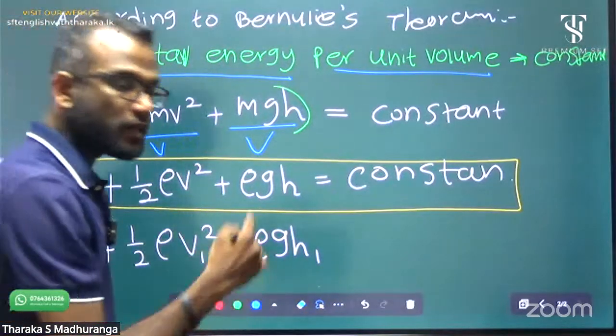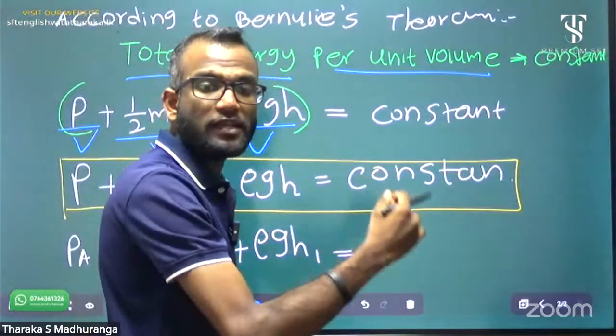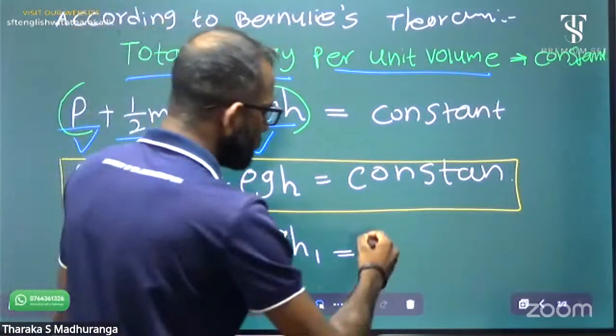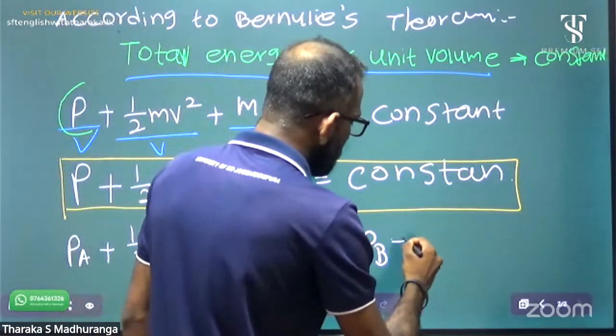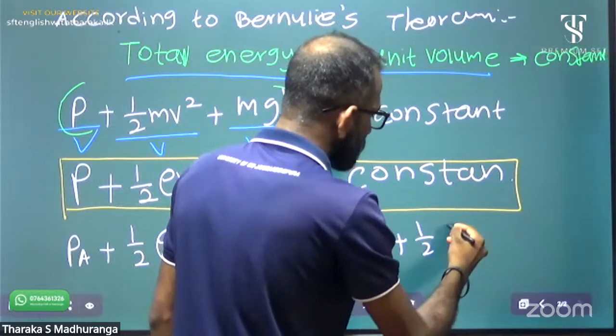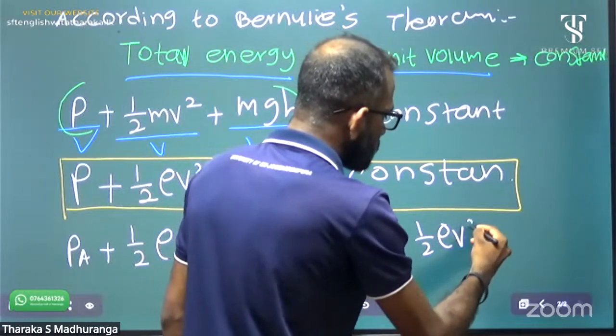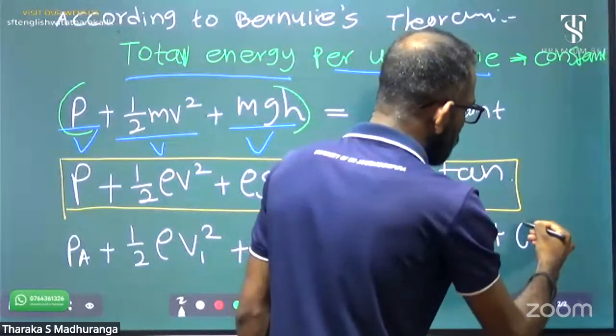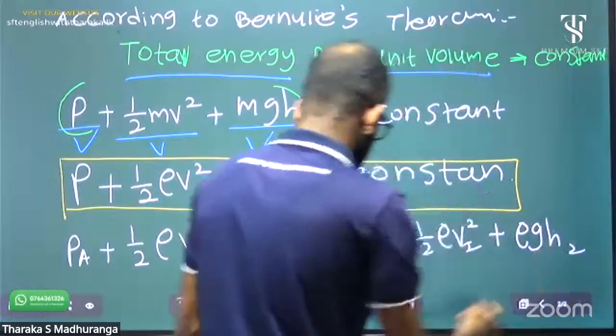If it is constant, it is equal to the B point total energy per unit volume, right? Then PB plus half rho V2 squared plus rho gh2. This is the story.